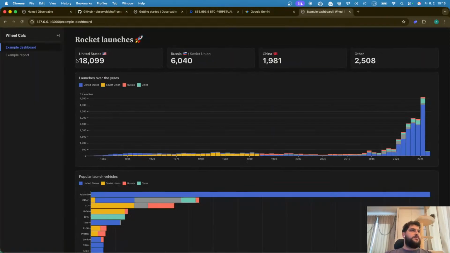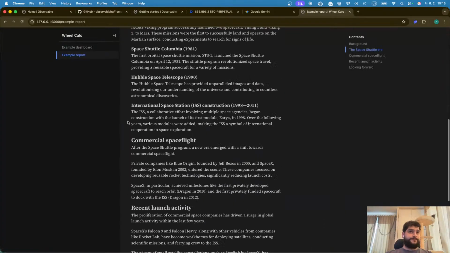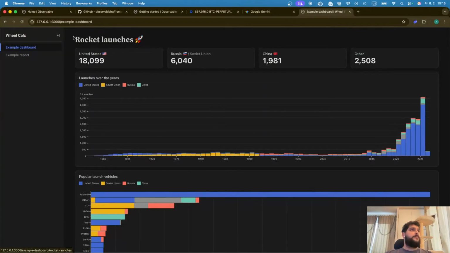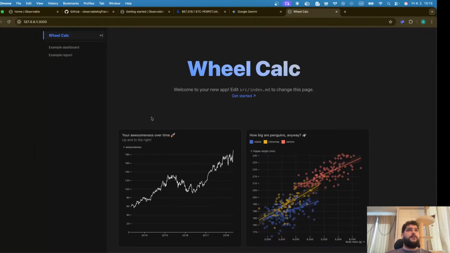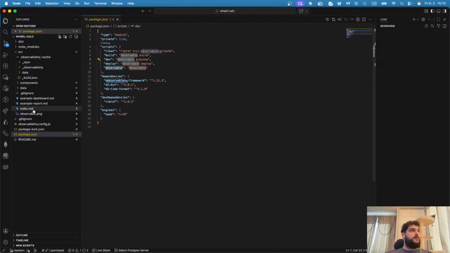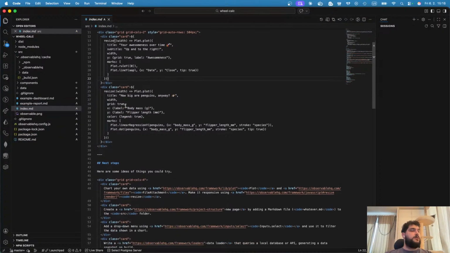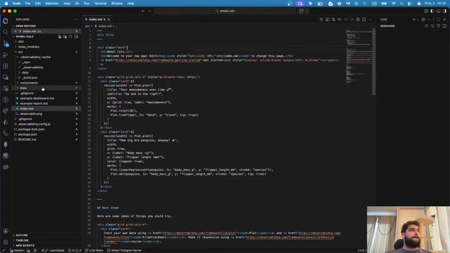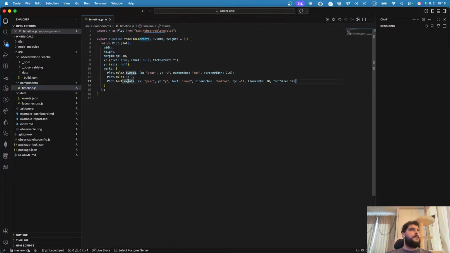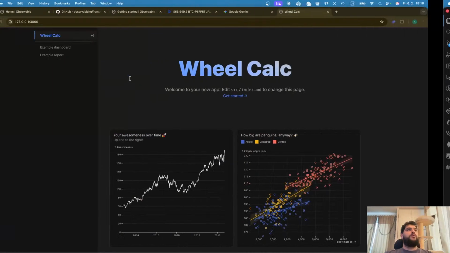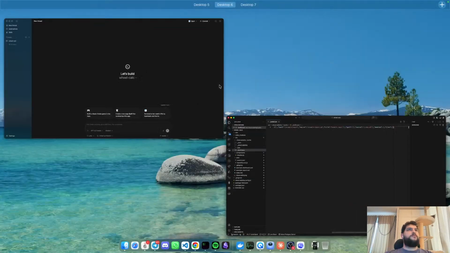Okay, so there is a sample dashboard here, some report here. I don't understand it yet. Let's see. Components. Oh, okay. I think I know what to do first.